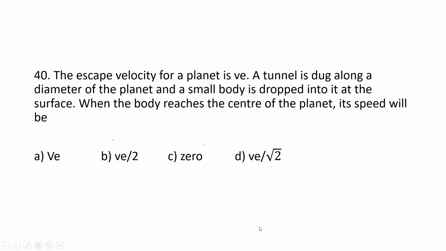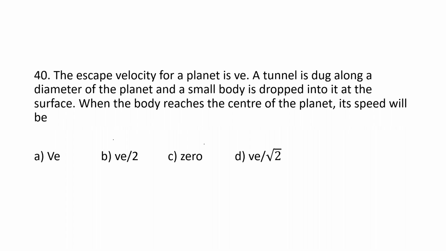Next question. The escape velocity for a planet is VE. A tunnel is dug along a diameter of the planet and a small body is dropped into it at the surface.